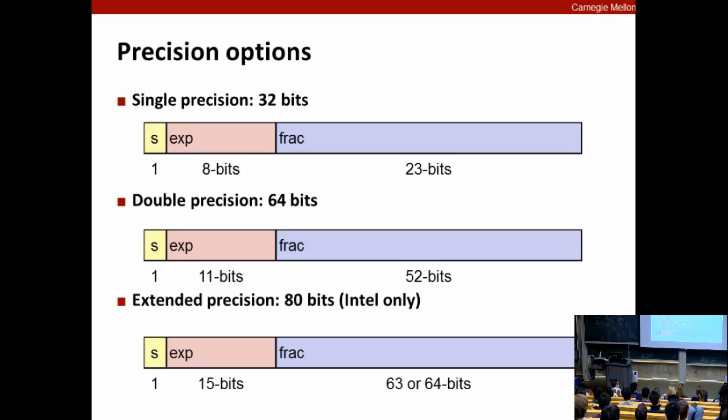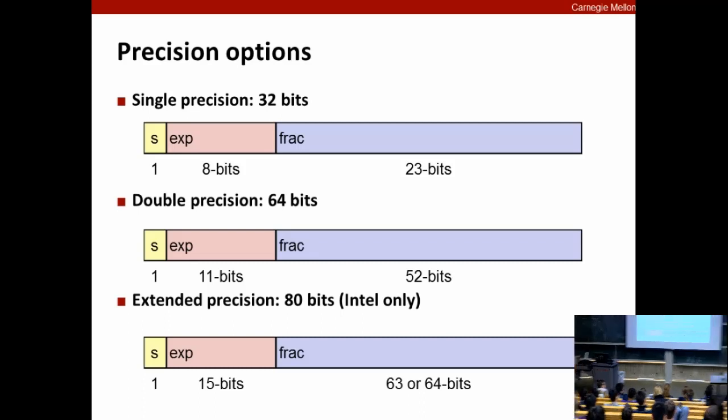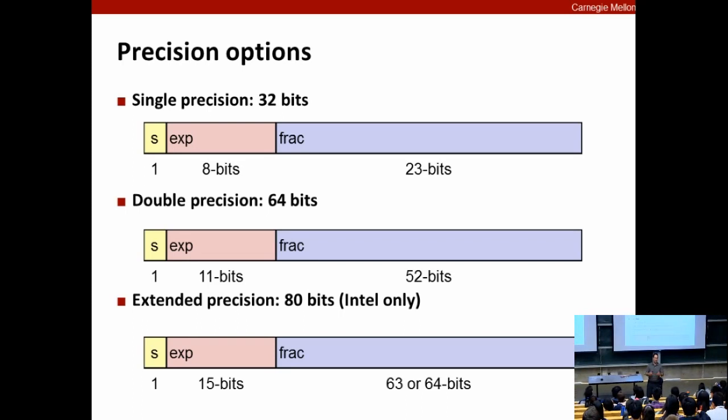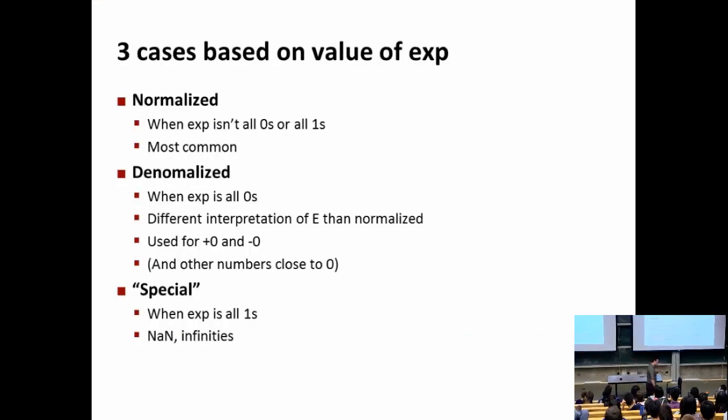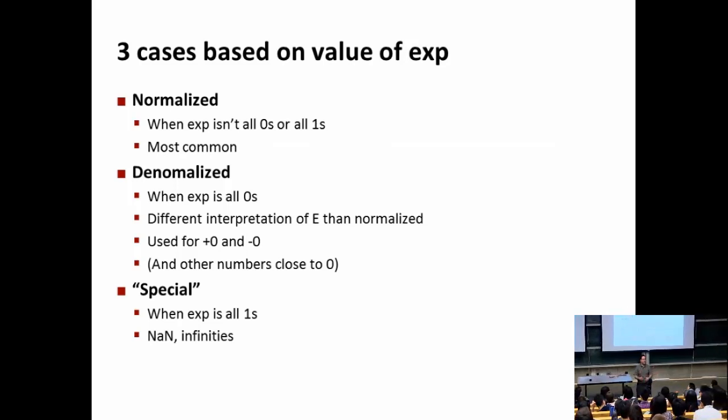What do we do with leading zeros? If I have the number 0010, do I care about the leading zeros? What do I do with leading zeros when I'm trying to put something in scientific notation? Throw them away, right? I shift until they're not there. If I have 0010, that's a 10.